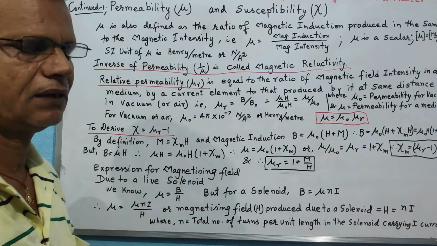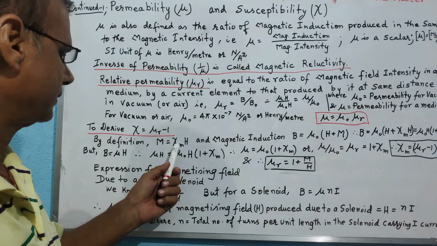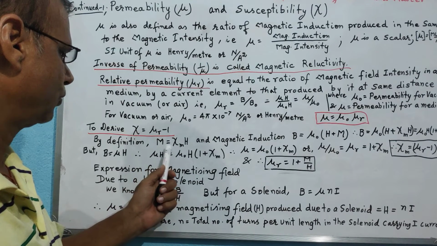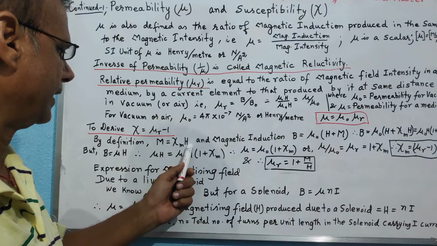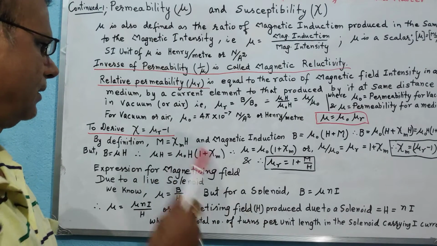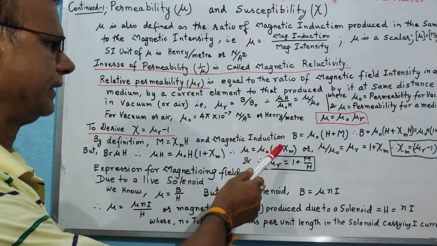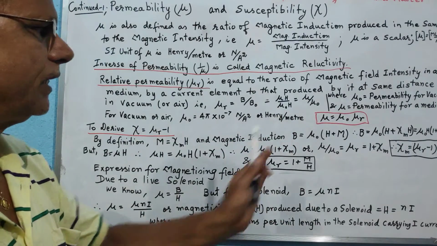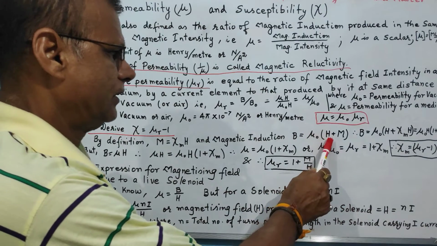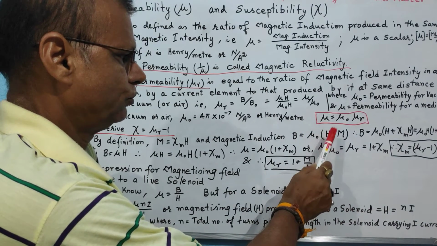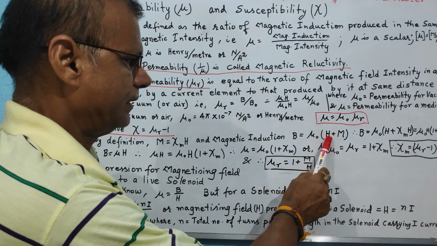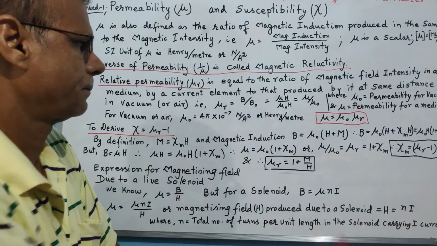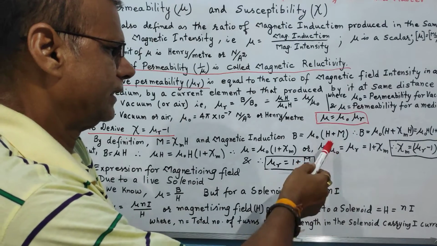By definition, for susceptibility we have M is equal to chi H, and also magnetic induction is mu 0 times H plus M. H is the contribution due to the magnetizing field, and M is the contribution produced by the core material itself.